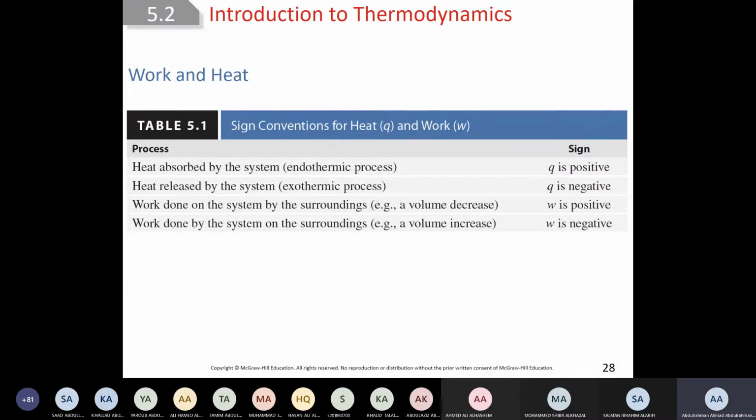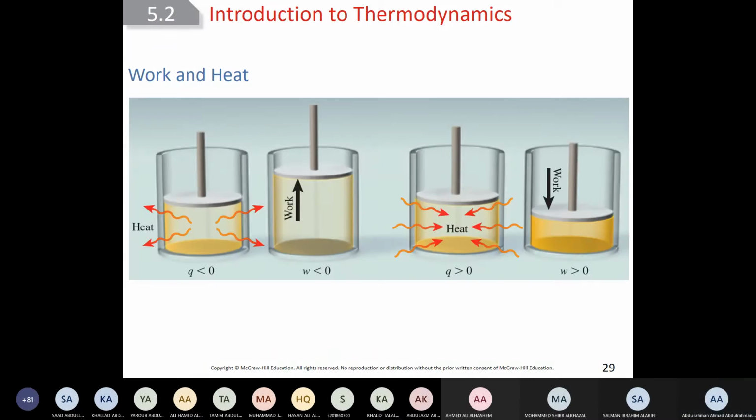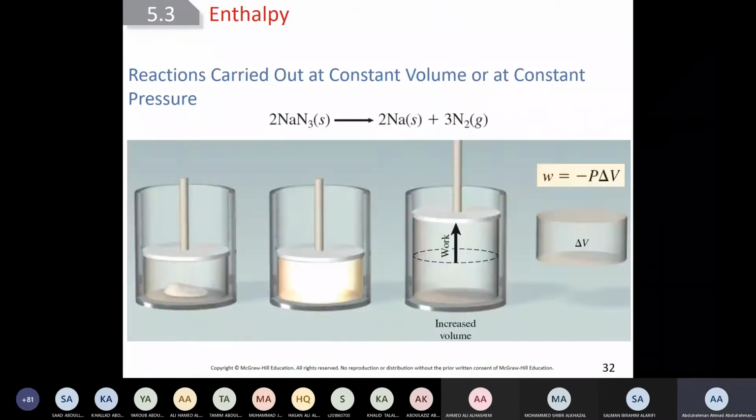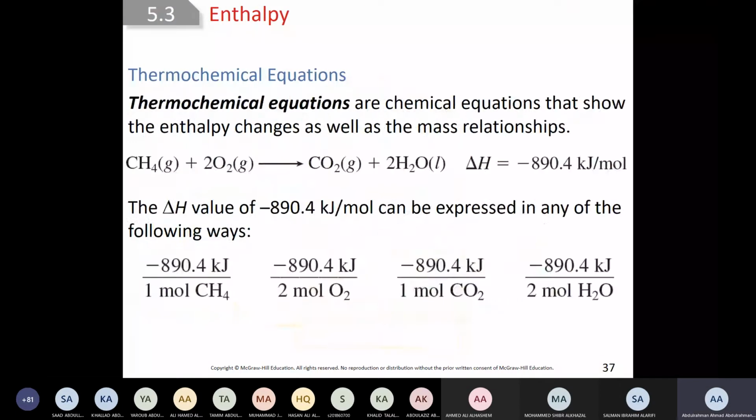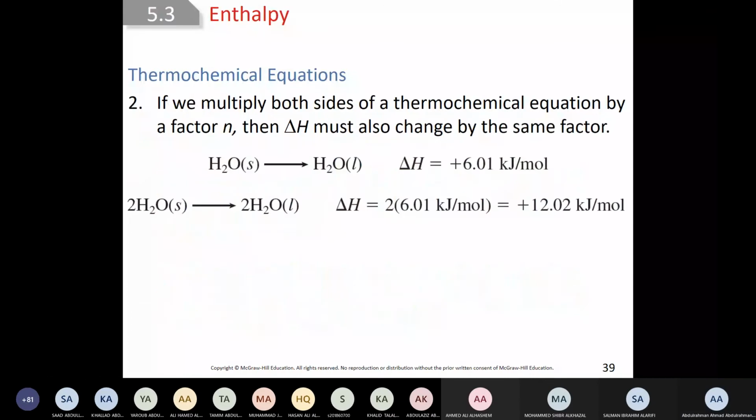When your reaction is the system, and the energy comes out, if it's an exothermic process, then Q will be negative. If it is an endothermic process, then Q will be positive. Good. All right, we talked about this.